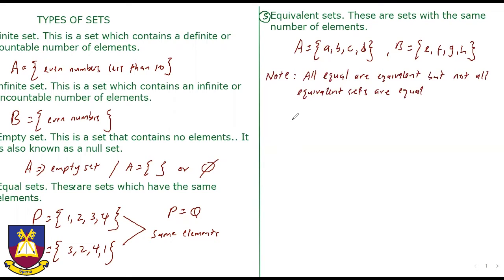Another thing we can note is that the number of elements, the cardinal number of a set, refers to the number of elements that set has.